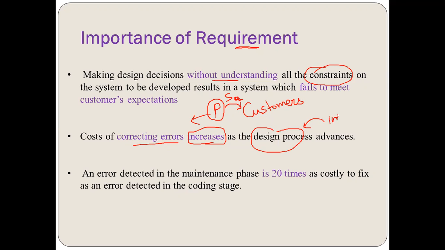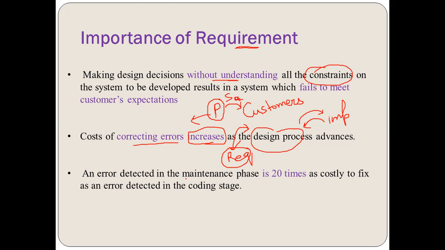Our coding and implementation is dependent on the design, and design is dependent on the requirement. So if there is any error in the requirement, it will reflect in the design, and further in the development of the product, that is, in the implementation or coding. So we should avoid it.